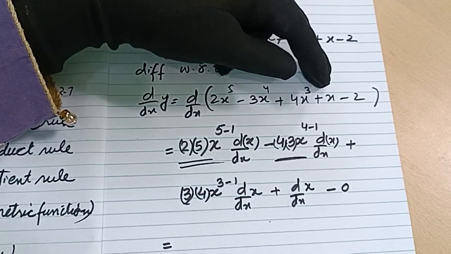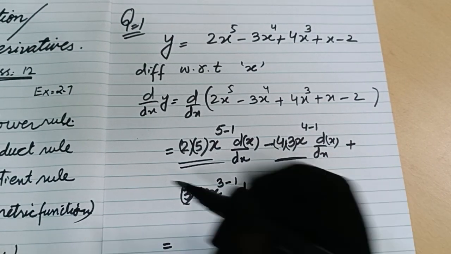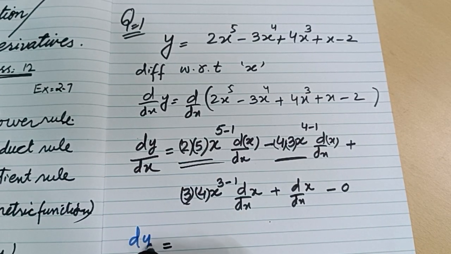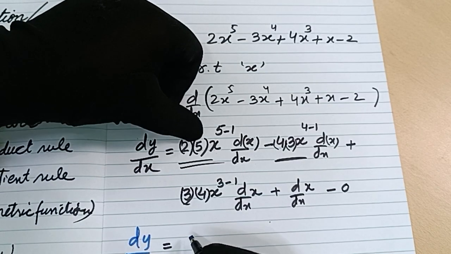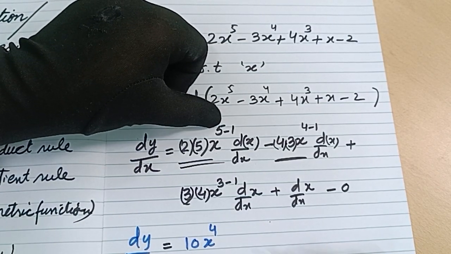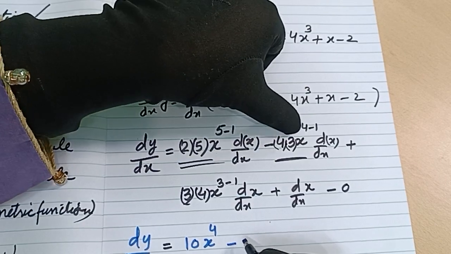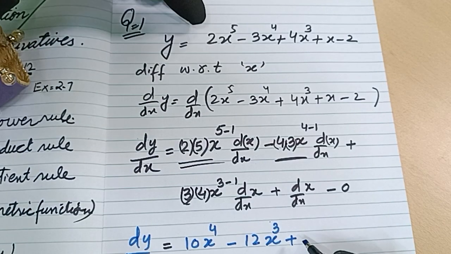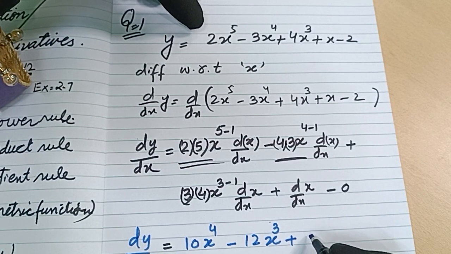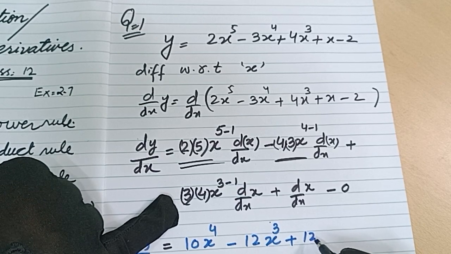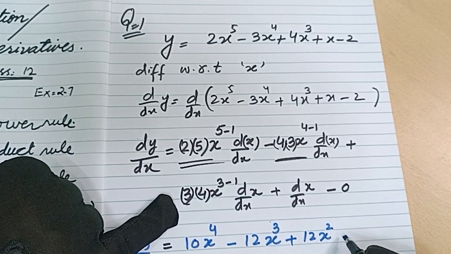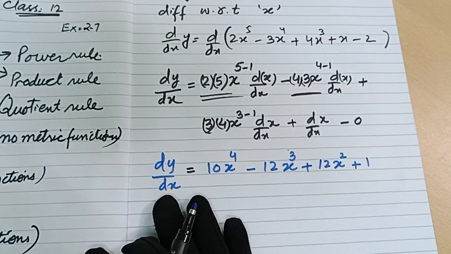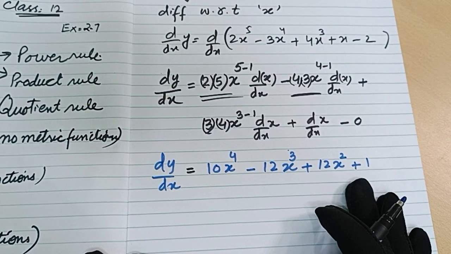Equals, next line I am writing with the blue pen: this is dy by dx. Now dy by dx is equal to 2 fives are 10 x^4, minus 3 fours are 12 x^3, plus 3 fours are 12 x^2, plus 1. At this step the derivative of the given polynomial is done.